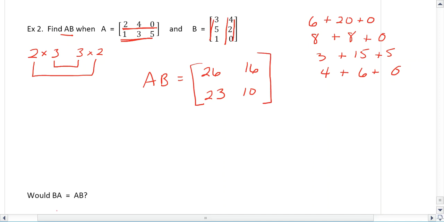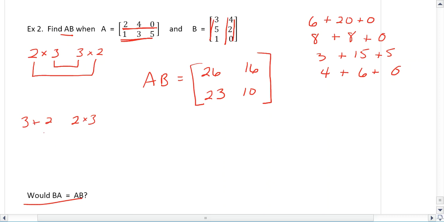So now the question that was asked here: would multiplying B times A give us the same matrix as when we multiplied A times B? If you attempted to do this, it would be a very different matrix. If you multiplied B times A, that would be a 3 by 2 times a 2 by 3.